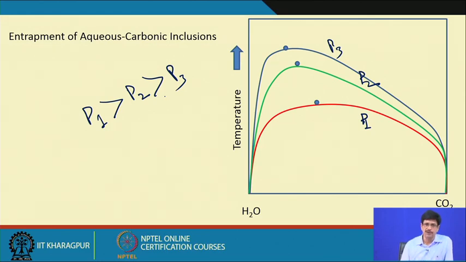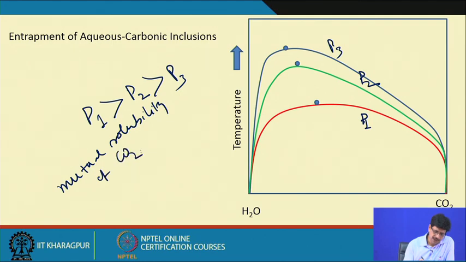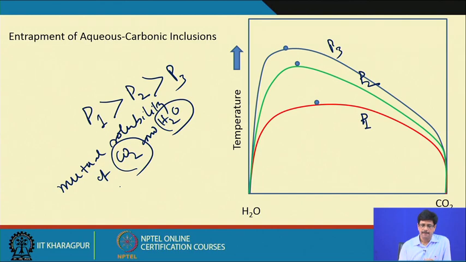This comes essentially from the mutual solubility of carbon dioxide and water: water is a polar molecule, carbon dioxide is a non-polar molecule, and there is a high degree of non-ideality in their mixture, so their miscibility is very restricted, and the lower the pressure, the higher the immiscibility.